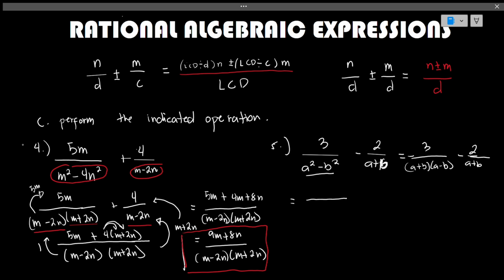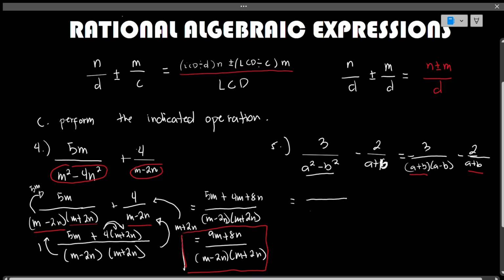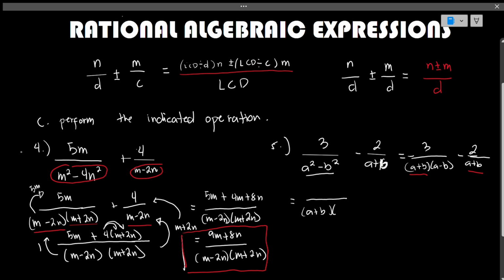The LCD for this one, as you can observe, we still have the same common factor, which is a plus b and also a plus b. So we can just write that as one factor. So we have a plus b times the not common factor, which is a minus b.